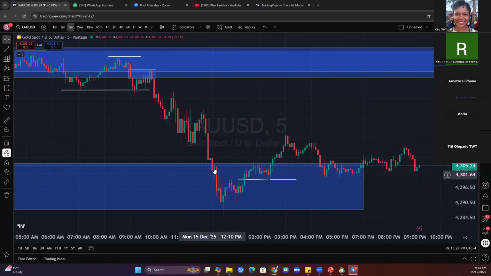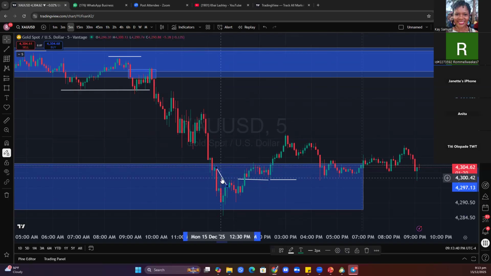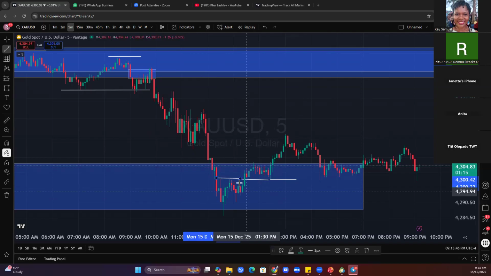You can see price push down, pull back up, push lower here. This would have been your last lower high, basically, at this point. So you just want to see price push above that.